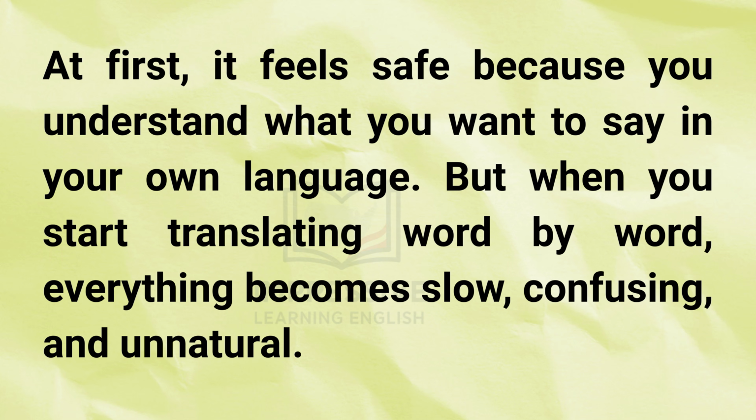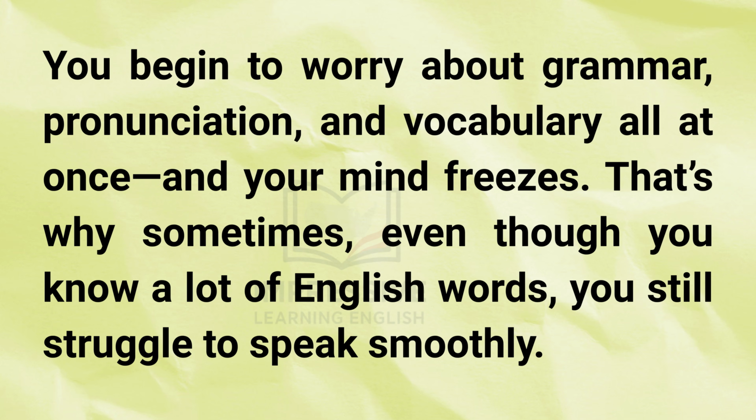But when you start translating word by word, everything becomes slow, confusing, and unnatural. You begin to worry about grammar, pronunciation, and vocabulary all at once, and your mind freezes. That's why sometimes, even though you know a lot of English words, you still struggle to speak smoothly.